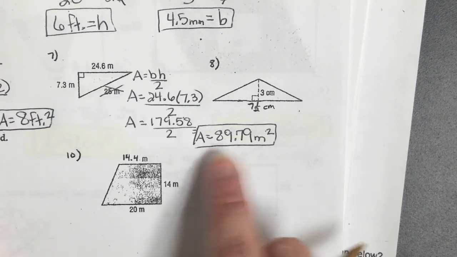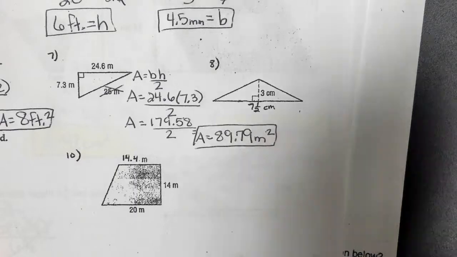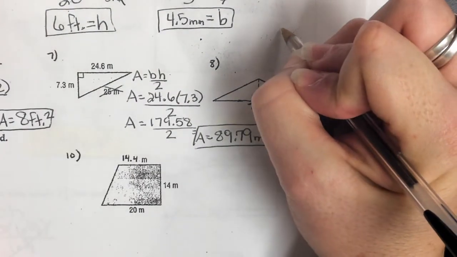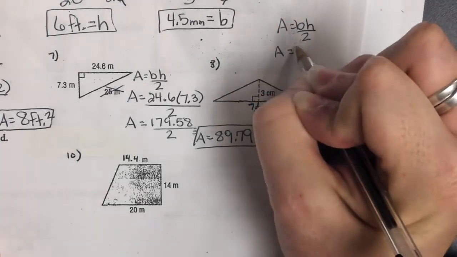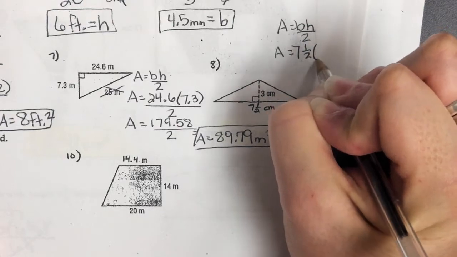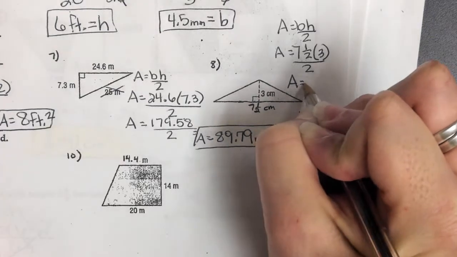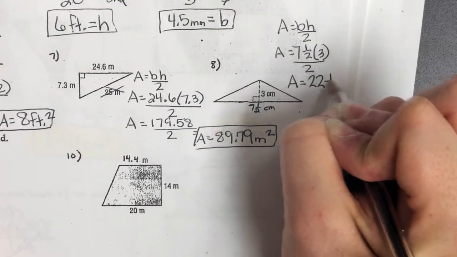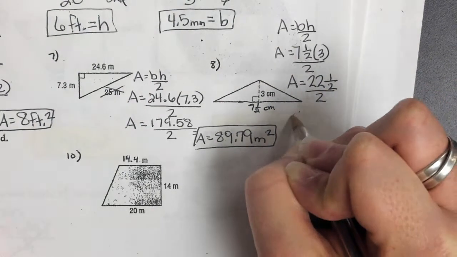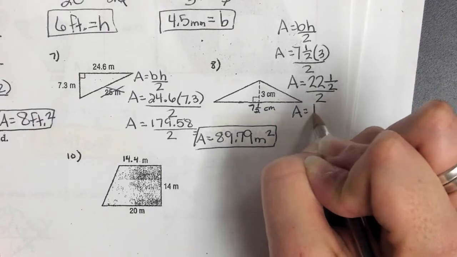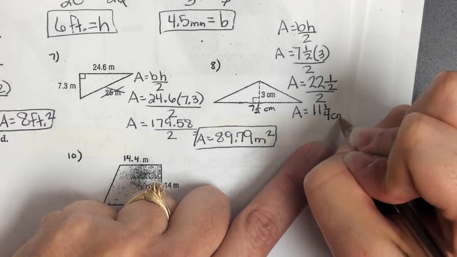And then number 8, I'm going to kind of do right here, I guess. I've run out of space. Okay. It is, let's see, A equals 7.5 times 3 divided by 2. 7.5 times 3 is 22.5, divided by 2, and it looks like I got 11 1/4 centimeters squared.